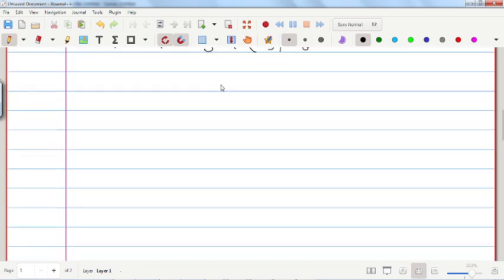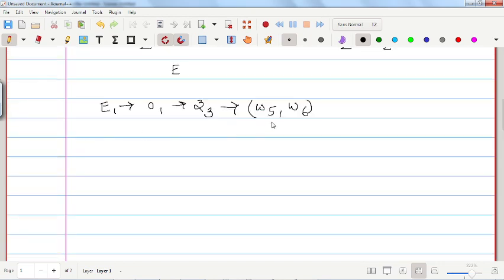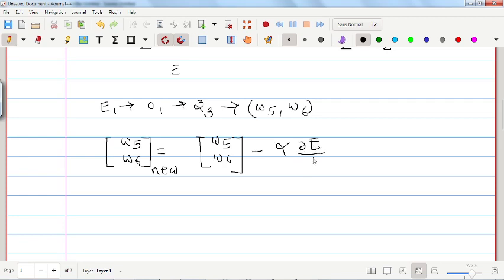By observing this chain, when I write the updated weights, W5 and W6 new values equal W5 and W6 minus alpha del E by del Wi, where we consider del E by del W5 as well as del E by del W6.